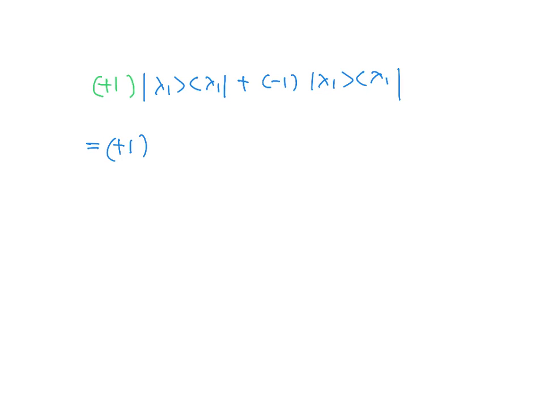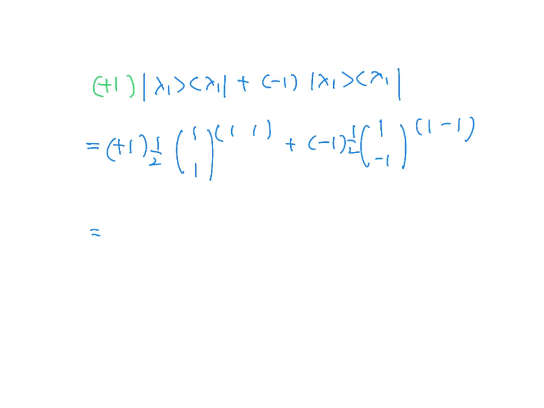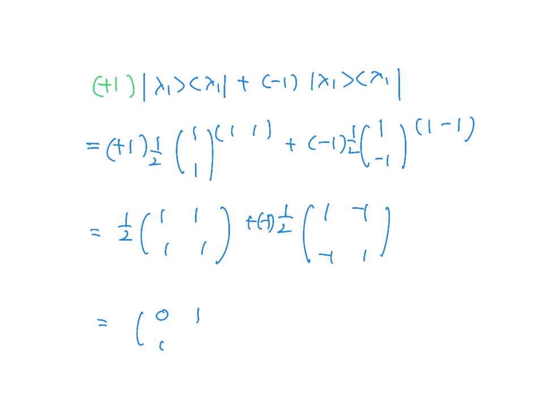You remember the formula: 1/2 times [1 1; 1 1] plus 1/2 times [minus 1 1; 1 minus 1], but since we have minus 1, we get [0 1; 1 0], which is A.